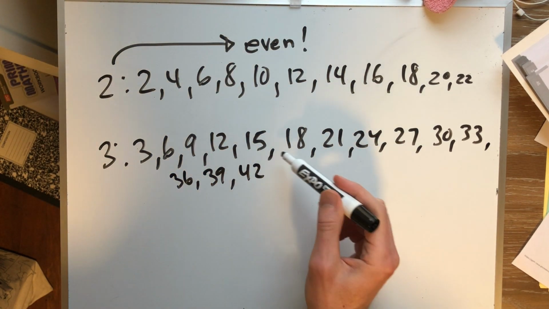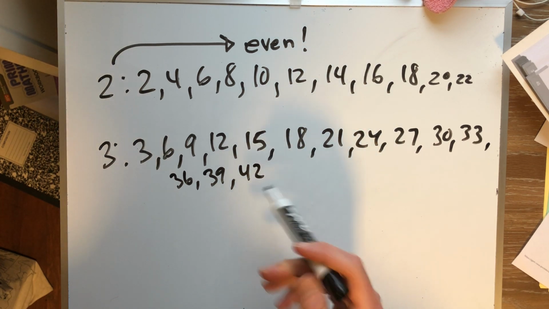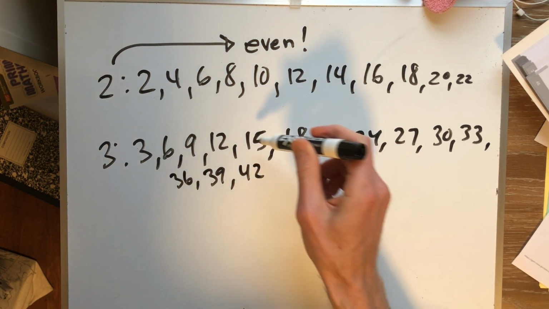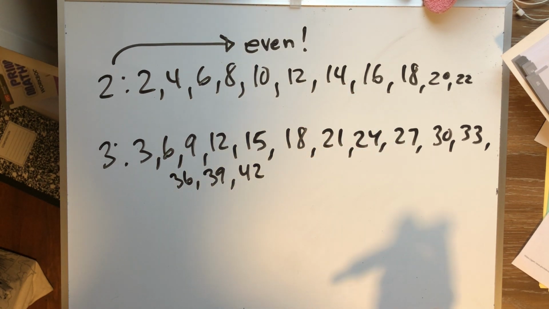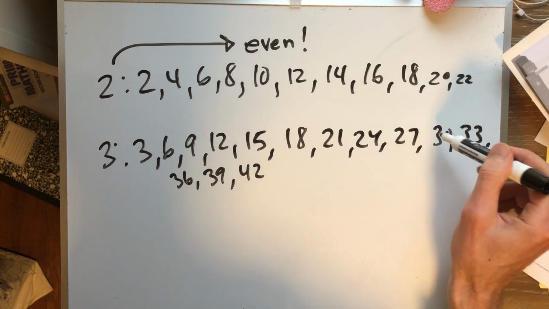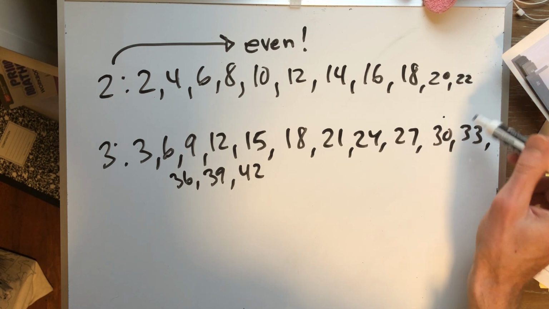What if you add up the 2 digits? What do you get? Well, 1 and 5 is 6. 1 and 8 is 9. 2 and 1 is 3. 2 plus 4 is 6. 2 plus 7 is 9. 3 plus 0 is 3. 3 plus 3 is 6.